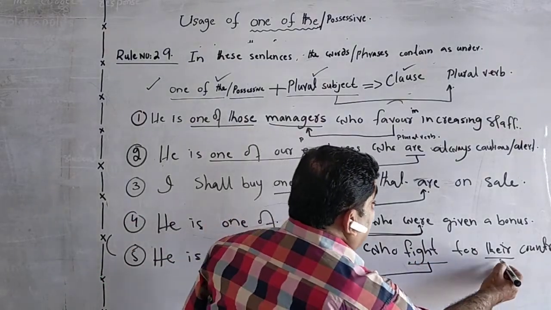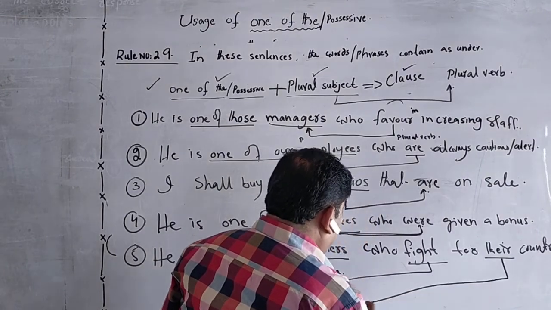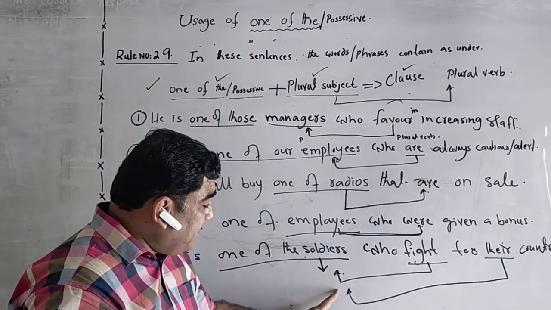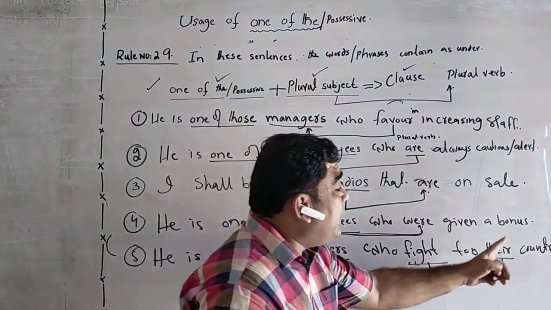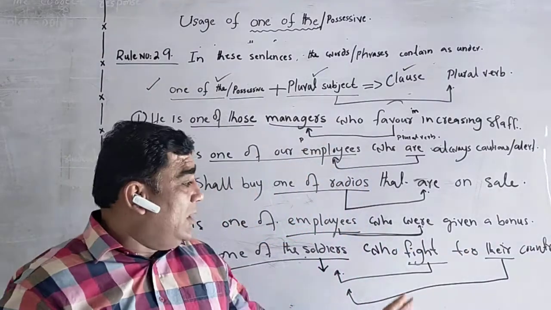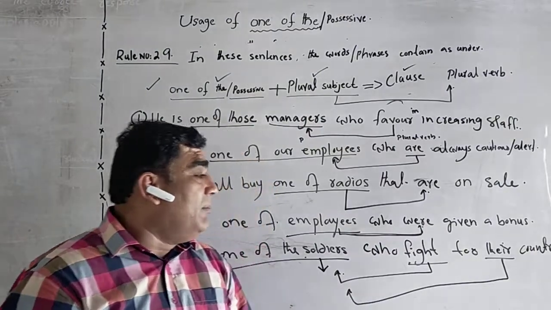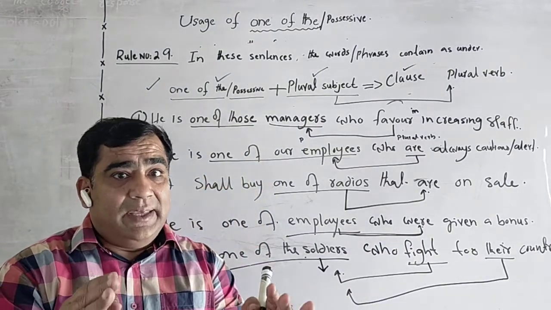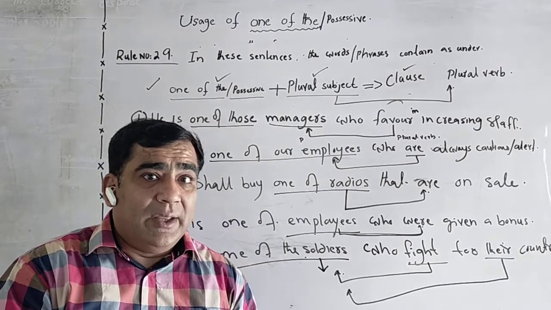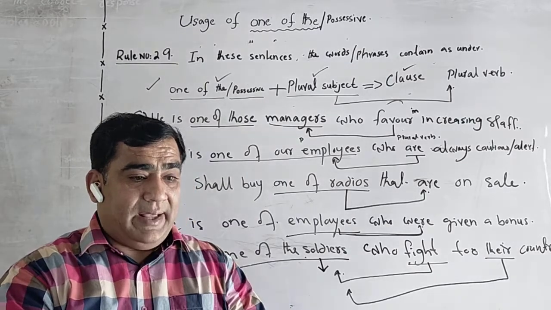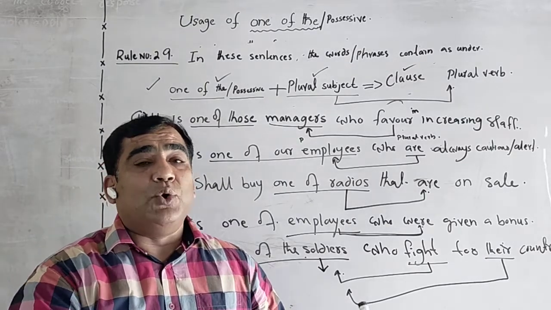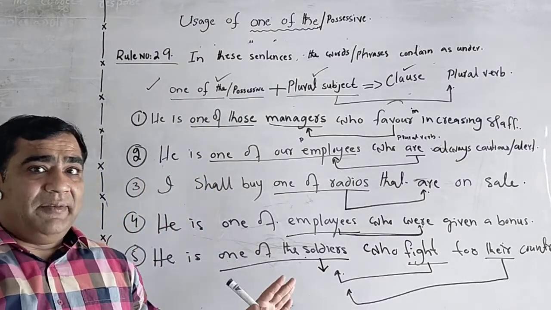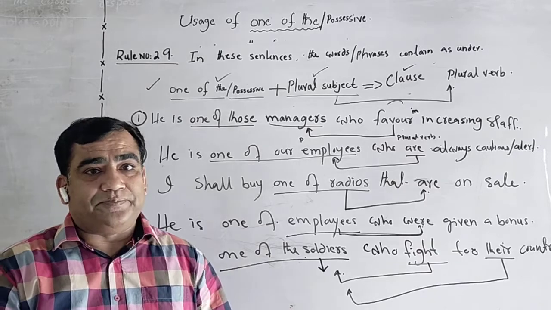Even if we have a next word like "their country," we have to agree not only the verb but also possessive pronouns, and that is the real key to understand how to make the balance between subject and verb in the sentence.